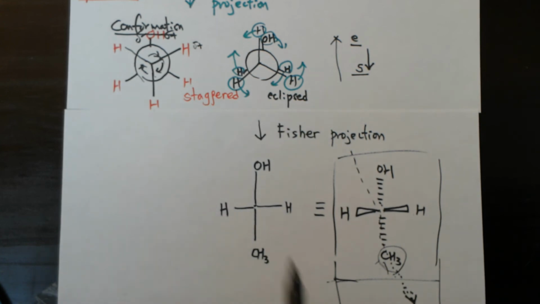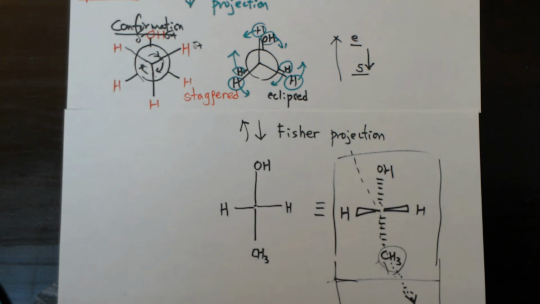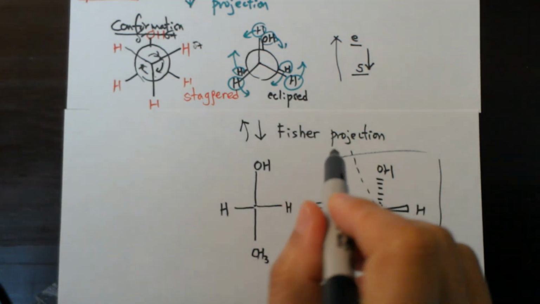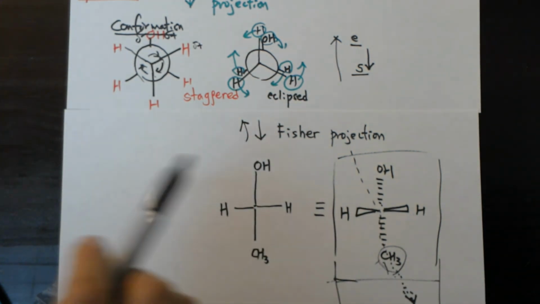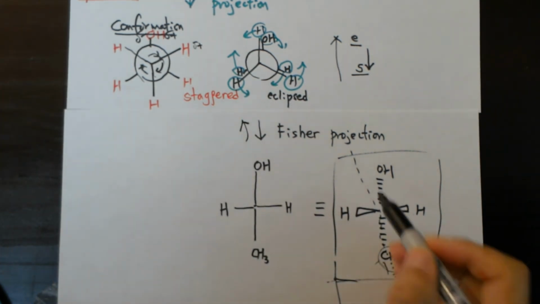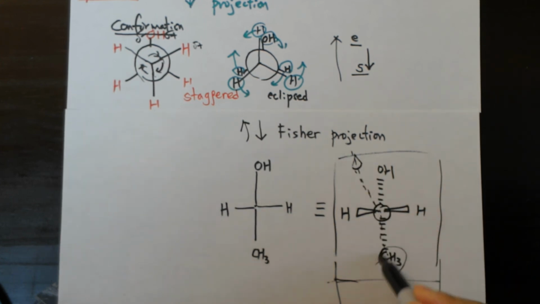And you can go back to the Fischer, to the Newman projection. If you have your eye above the table, not on the table, okay, above the table here, and look down, then you can see this carbon and this carbon overlapped. Now this carbon becomes the front carbon.